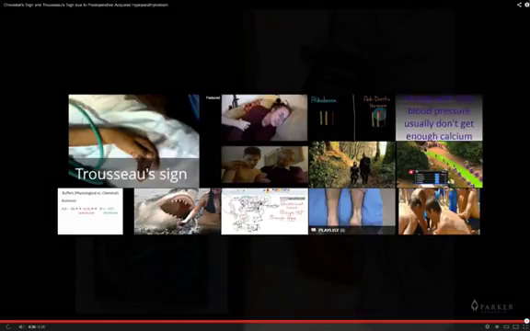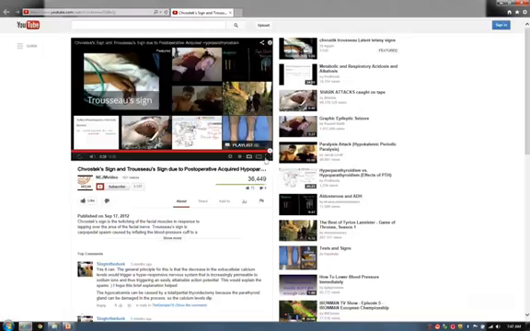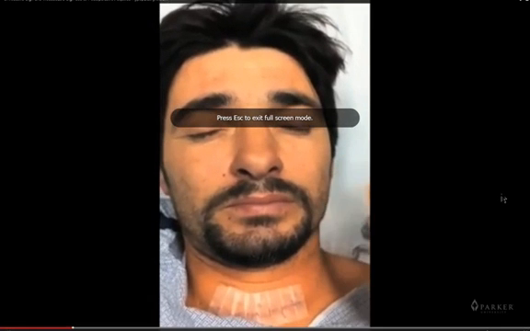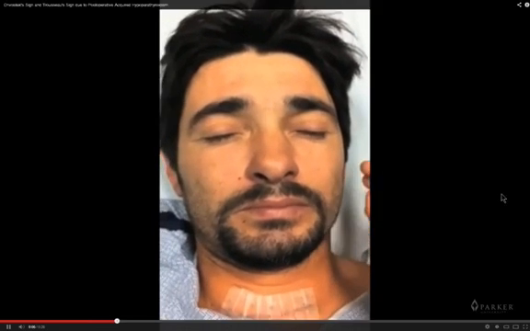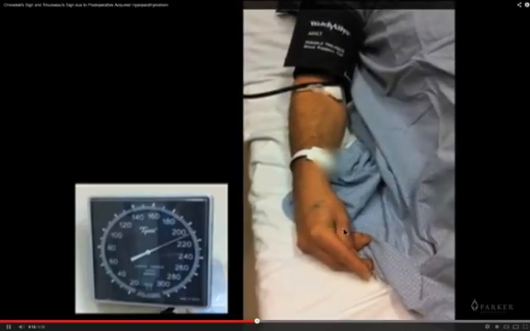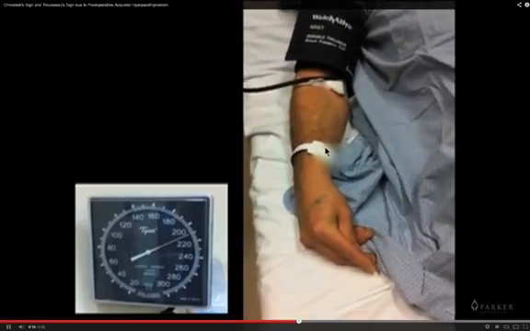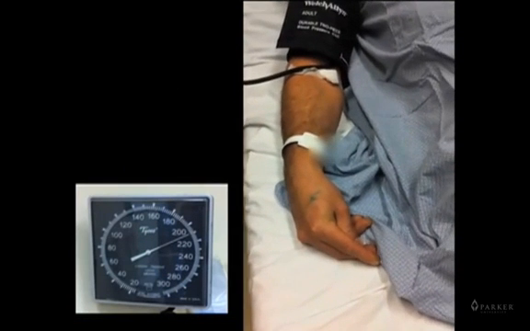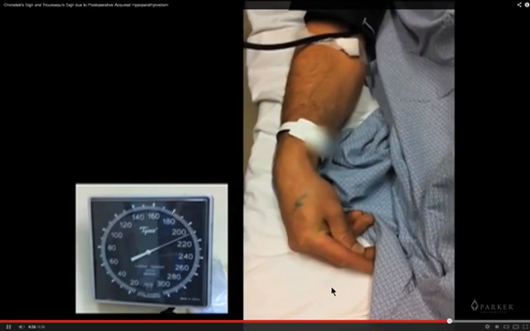We'll show you that again, if I can get back to it in a second, because it goes pretty quick. Now watch his hand. The thumb's adducting, and you start to see the flexion in here. Just keep watching. That's a carpopedal spasm.